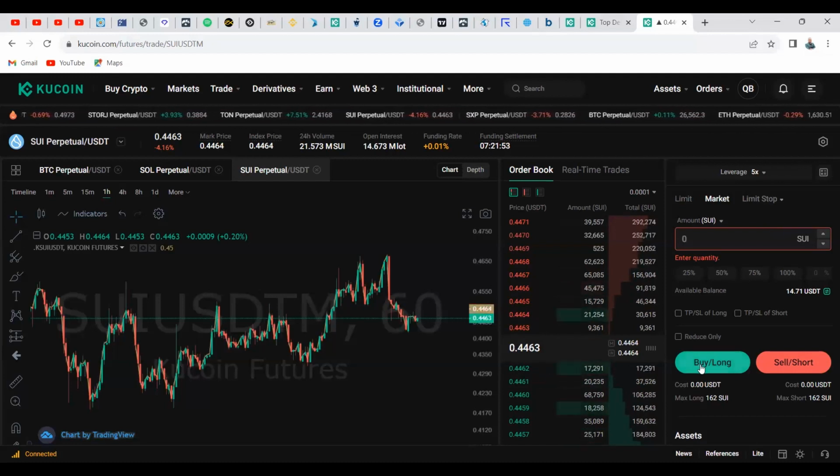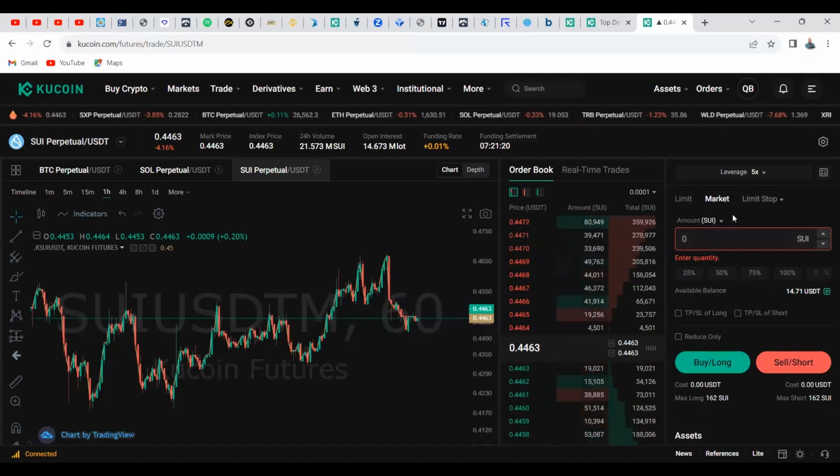So if I'm buying, my order would be executed at the nearest ask price, and if I'm selling, my order would be executed at the nearest bid price. Remember, ask price is what someone is willing to sell for, and bid price is what someone is willing to buy for.